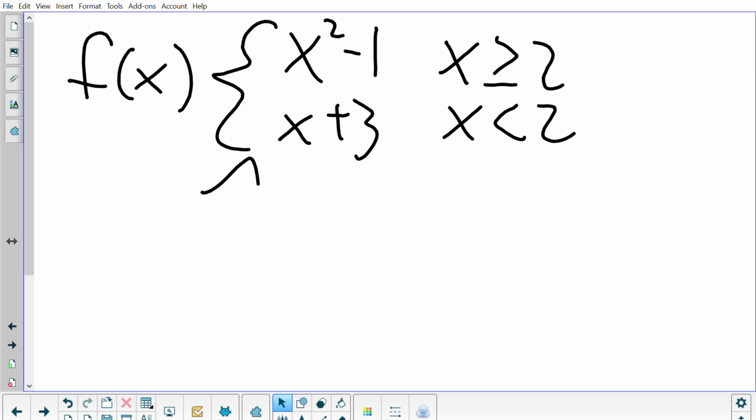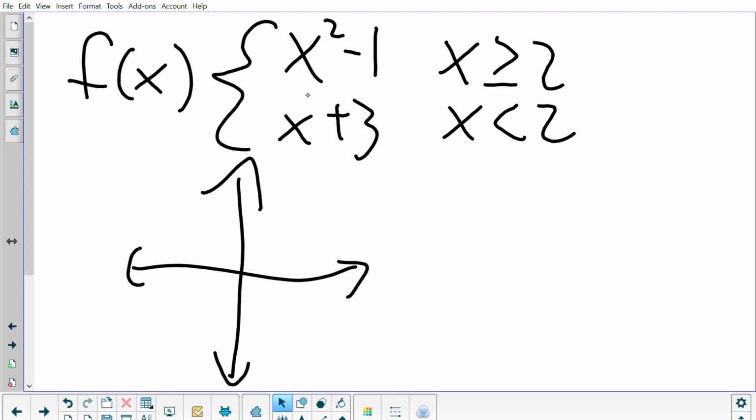So what we do is we graph this, which is at -1, up 1, over 1, up 1, over 1. So there's my parabola, and it says keep all the things that are at 2 or greater. So I go to 2 on the x, make my dot, and it says all the things bigger. So that's this stuff over here. That would mean that I go and I erase everything else.